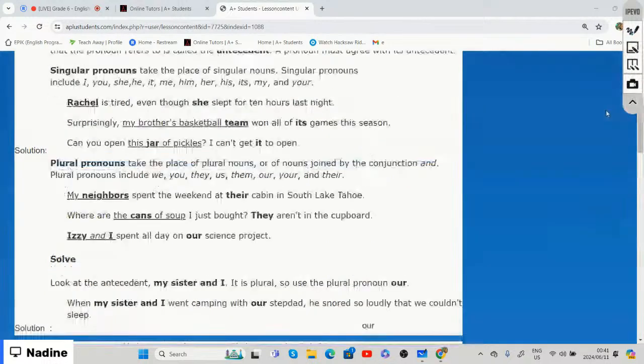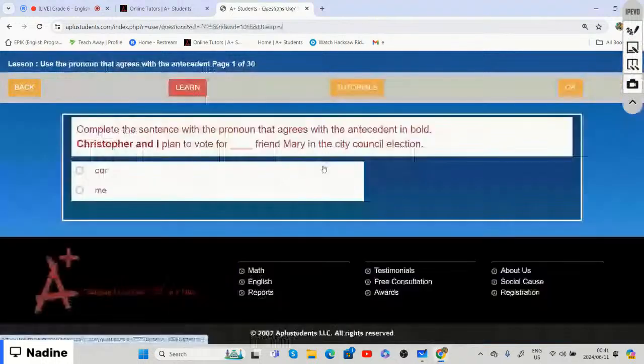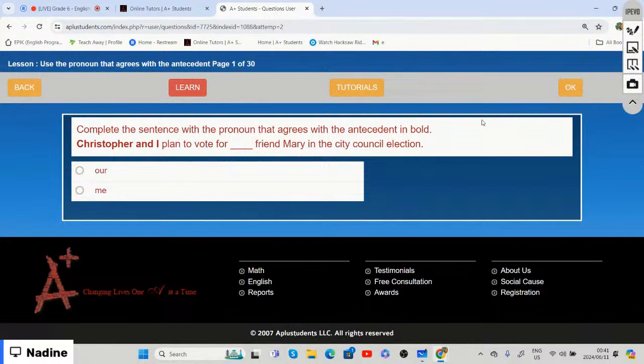All right, so now we're going on to our test, where we are going to complete the sentence with the pronoun that agrees in bold. So we say, Christopher and I plan to vote for our friend Mary in the city council election.